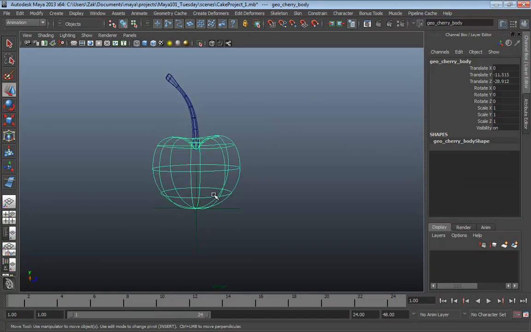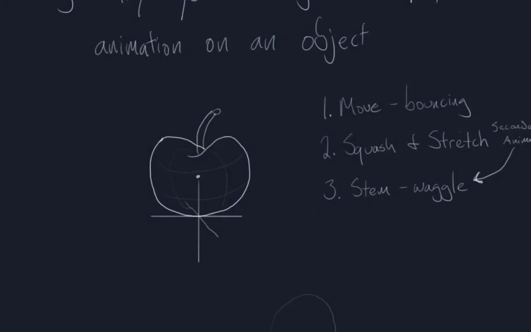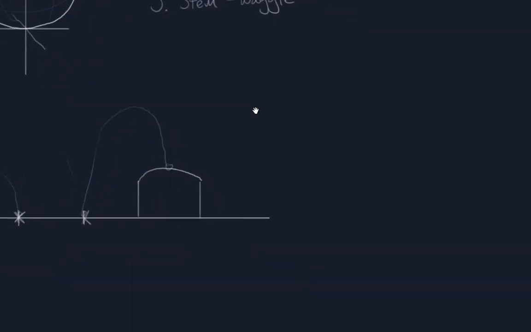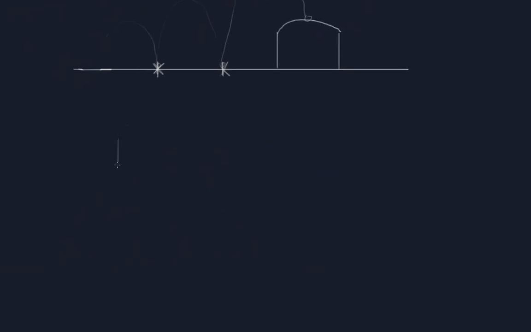Okay, the next part of the rig I want to tackle is going to be the squashing and stretching mechanism. And this is where we get into the topic of deformers. Now, what is a deformer in Maya?